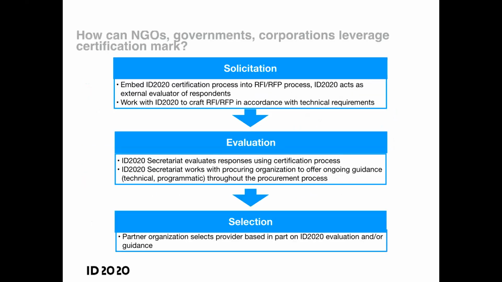So I'm going to close by talking a bit about how an organization might leverage ID 2020 certification to navigate the procurement process. During the solicitation phase, when an organization is going out looking for pilot partners, specifically technology providers, they can embed ID 2020 certification processes into a request for information or a request for proposals, thereby leveraging ID 2020 as an external evaluator of respondents.